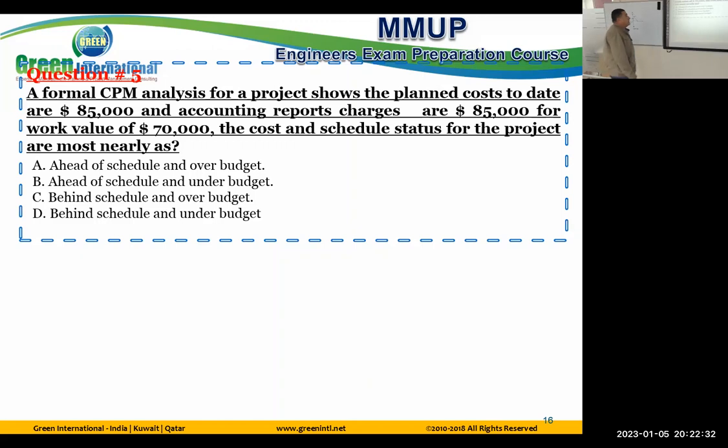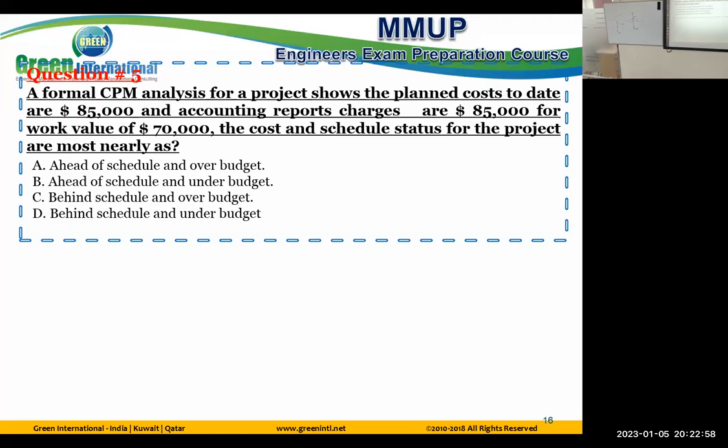Why are we using this decomposing? And what is the project status? And how are we going to have a monitoring tool from this type of CPM to evaluate our project status? How? Very simple, guys.